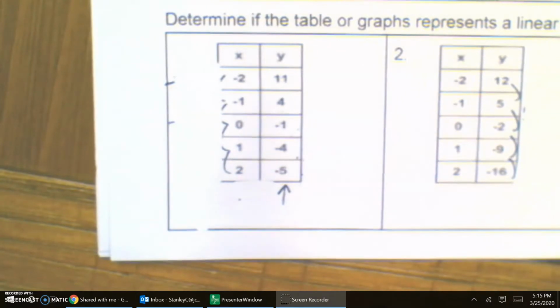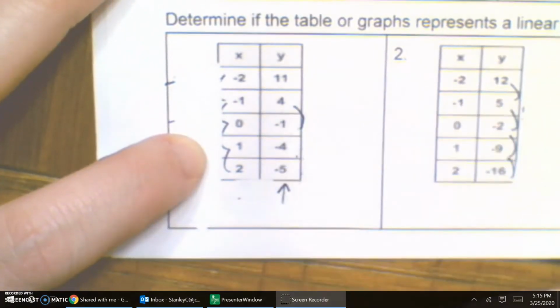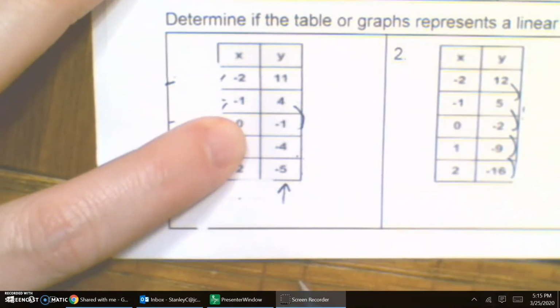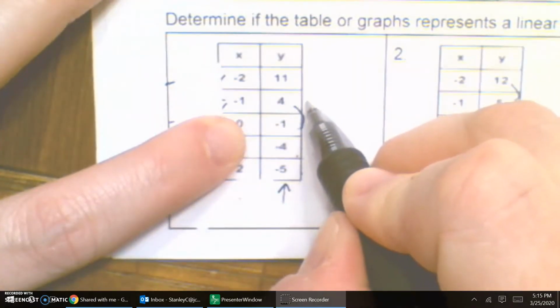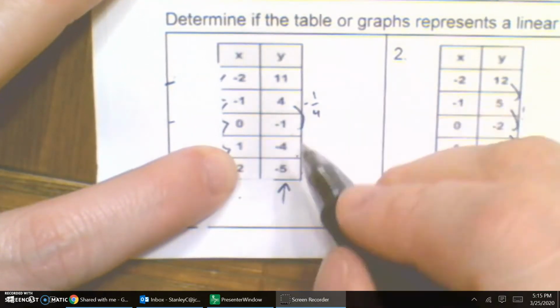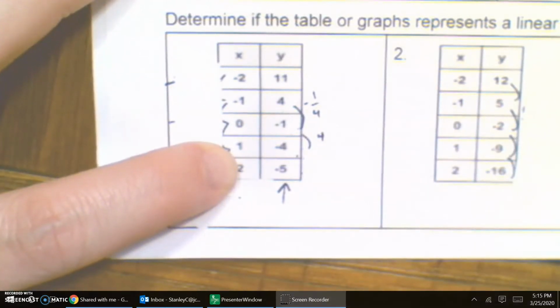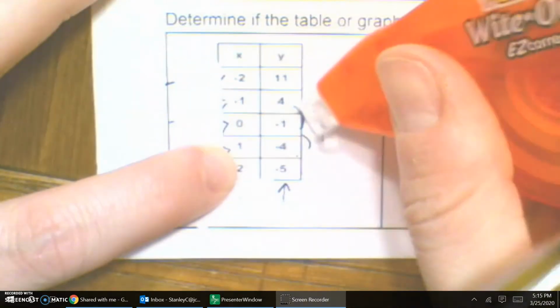You don't have the same common ratio. As an example, 4 times what would give you negative 1? Negative 1/4. Negative 1 times what would give you negative 4? 4. You do not have a constant ratio.